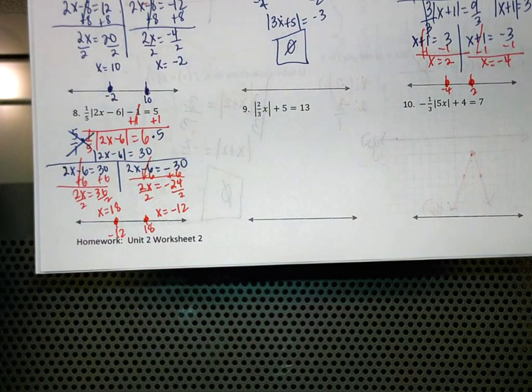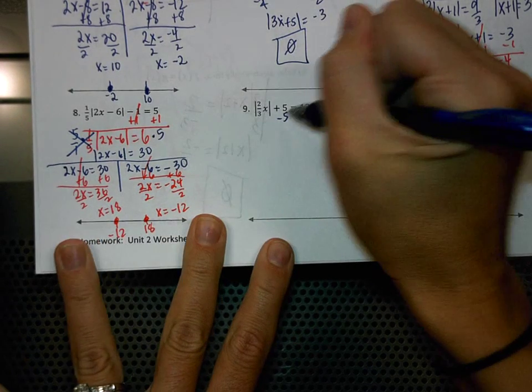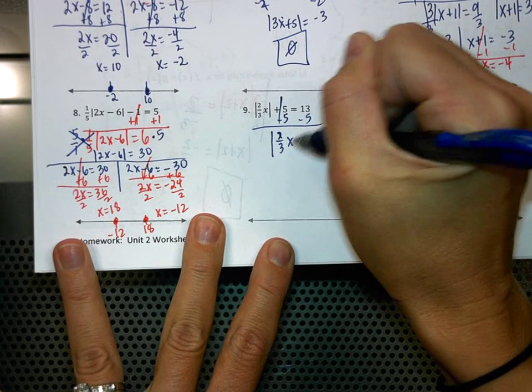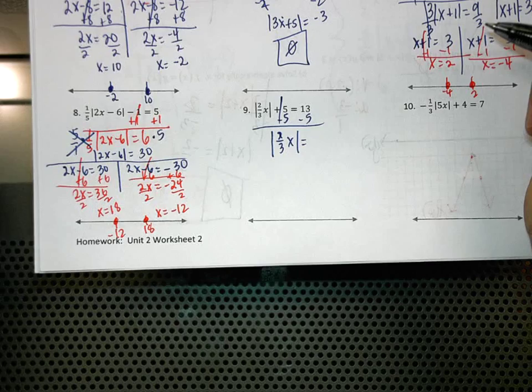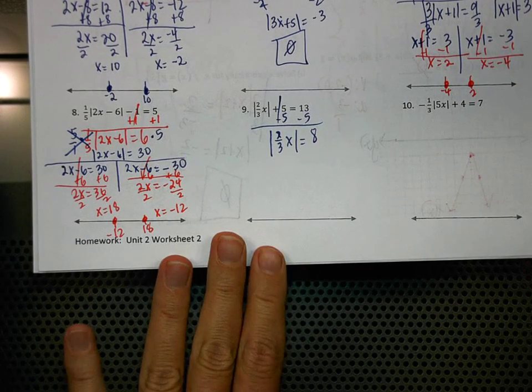Okay, what will I do on 9? What's the first step? Good, subtract 5. Absolute value of 2 over 3x equals, and 13 minus 5 is? 8. Good. Is the absolute value by itself? Yes. Okay, so we make two equations now.